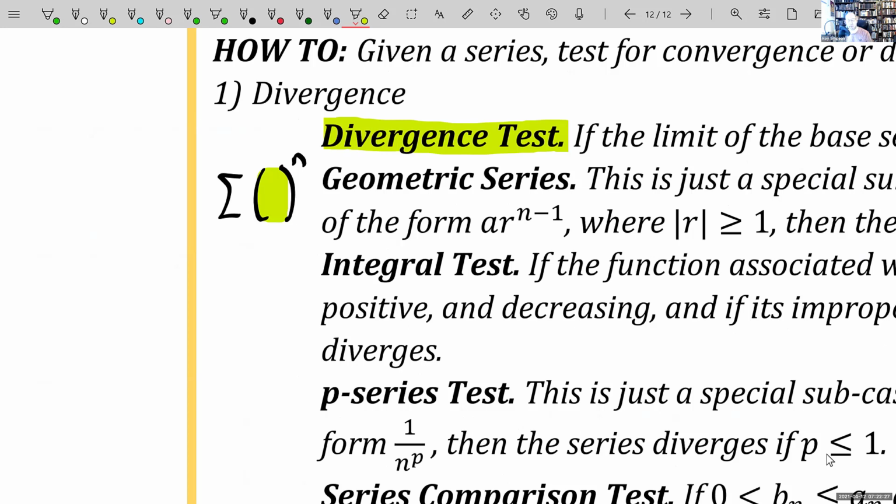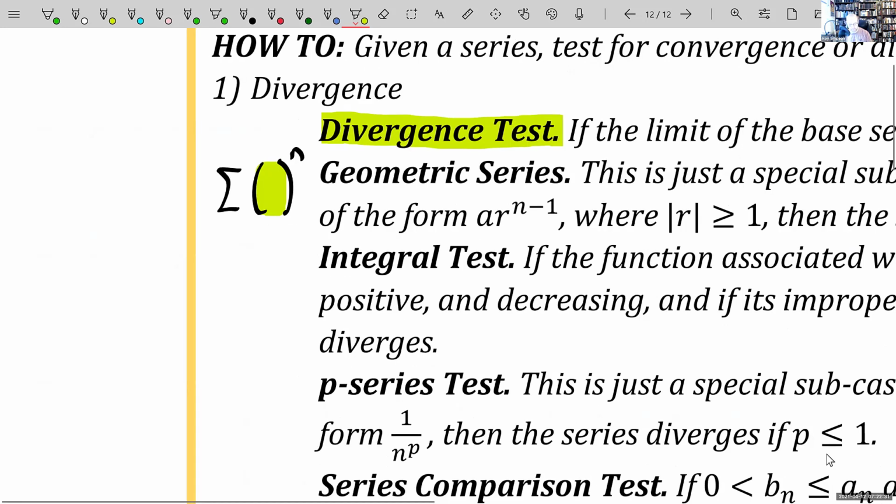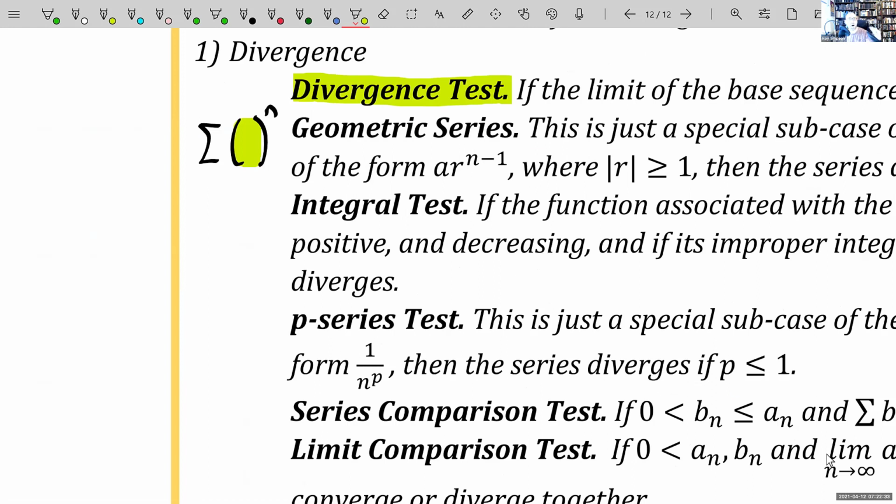So maybe you're using the series comparison test and you compare your series to 1 over n to the third power or something like that. If that were the case, then you would be using a secondary test called a P-series test. So the integral test and P-series test are rare for me to reach for.